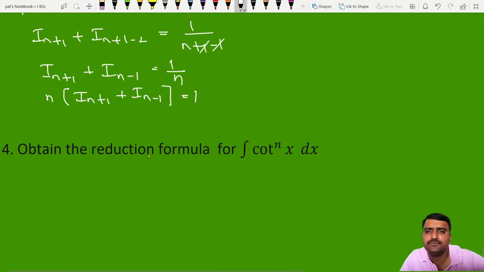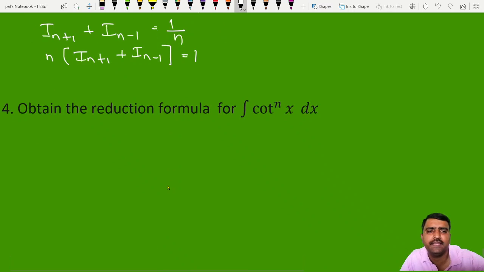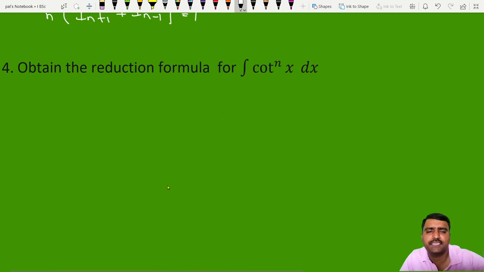Similarly, to obtain the reduction formula for cot to the power of nx dx, you follow the same method that we followed for tan to the power of nx dx.